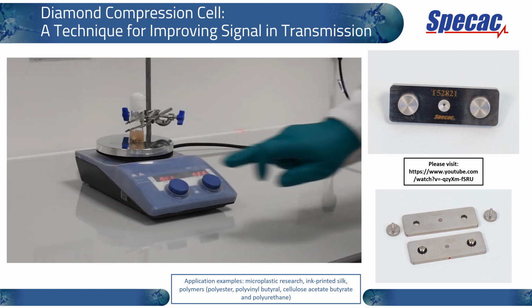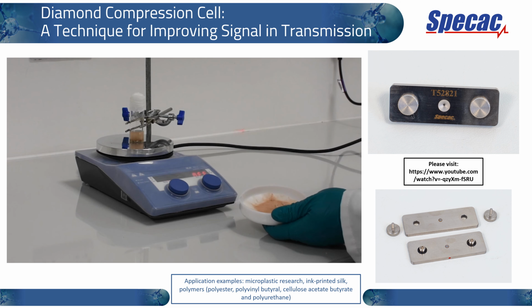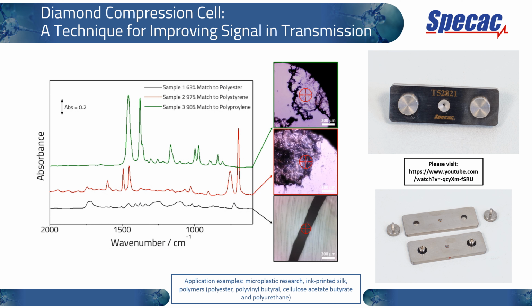The artificial sea was then filtered through filter paper. In true Blue Peter fashion, here's one we made earlier. Different samples were mounted on a DC3 and measured under the FTIR microscope. A simple library match was then used to determine their identity.